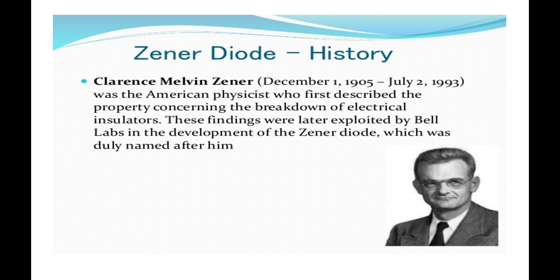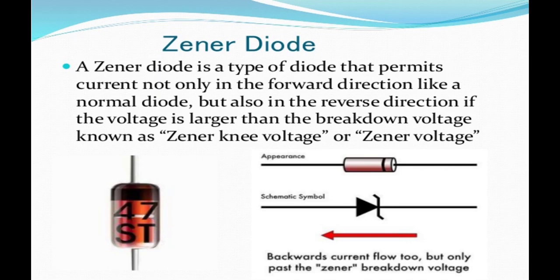This finding was later exploited by Bell Labs in the development of the Zener diode, which was duly named after him. Zener is a very famous physicist of America.